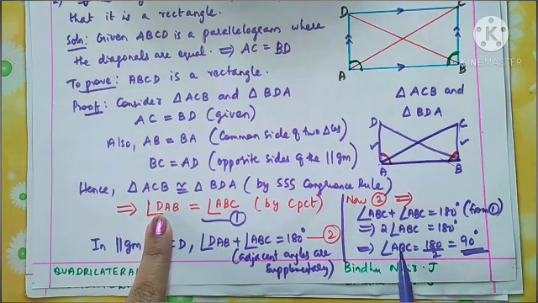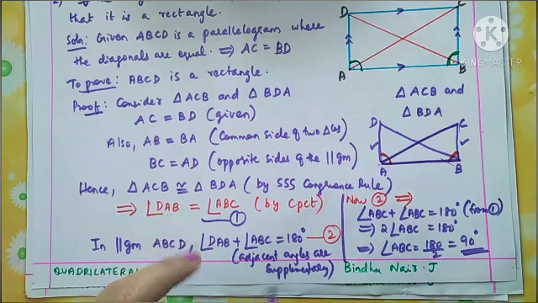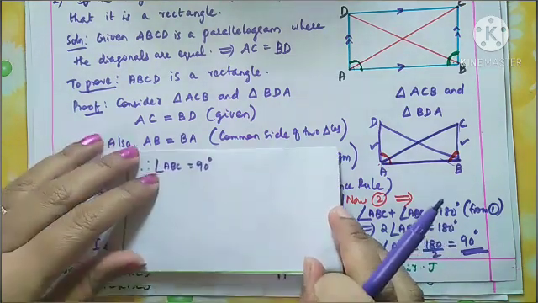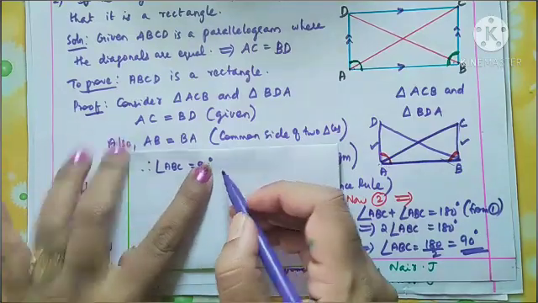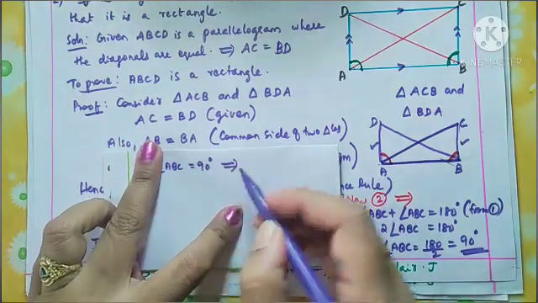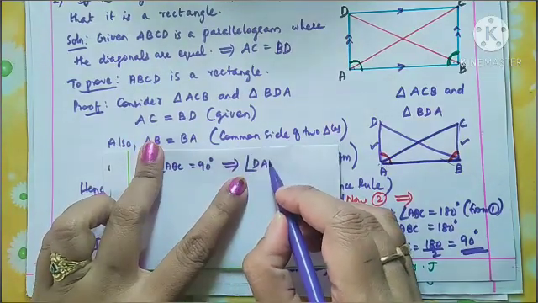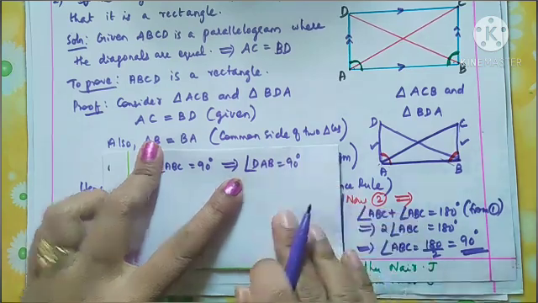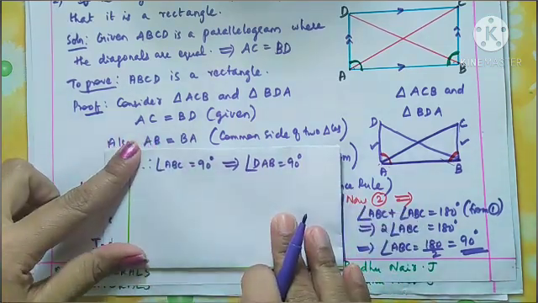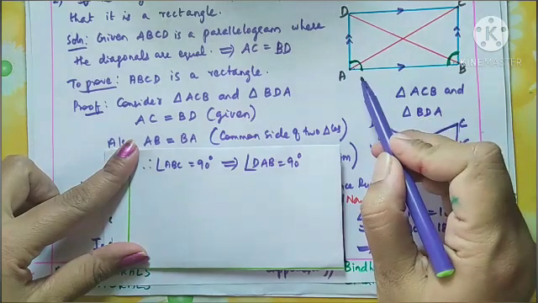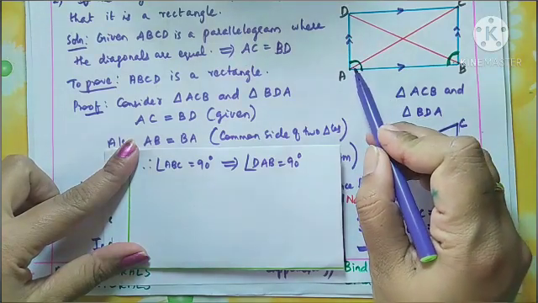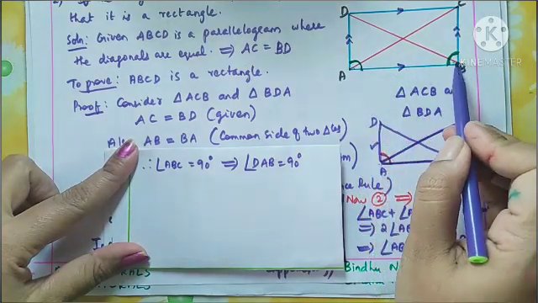So because ABC equal to 90 degree, DAB is also 90 degree. Understand? So how can we conclude here? Angle ABC equal to 90 degree we got. This implies angle DAB is also 90 degree because that 2 angles are equal. So thus we got angle DAB 90 degree and also ABC 90 degree.